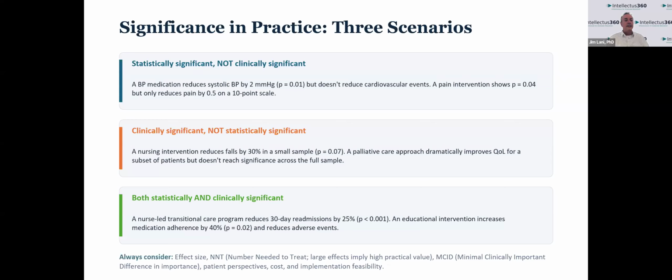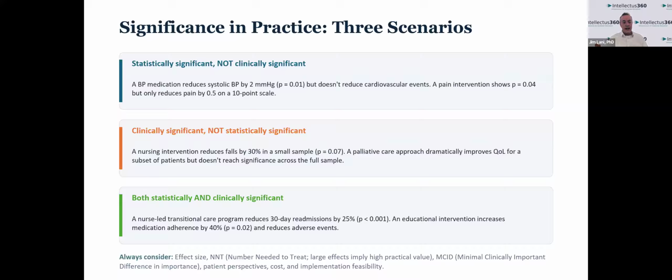I'll say that often they go together. But a lot of times in small samples, you'll find that it doesn't meet statistical significance, but clinically it is important. And so looking at that d, or Cohen's d, is an important thing.